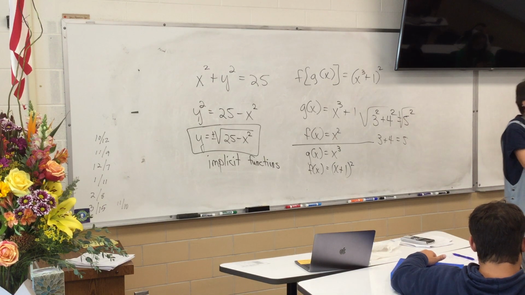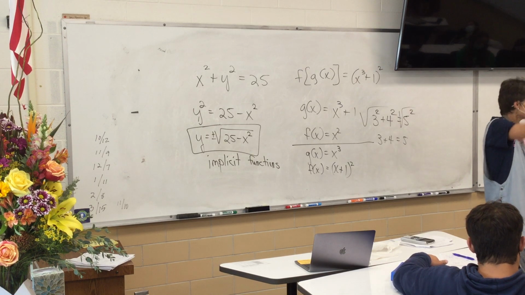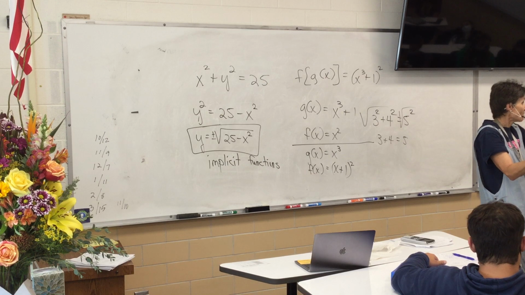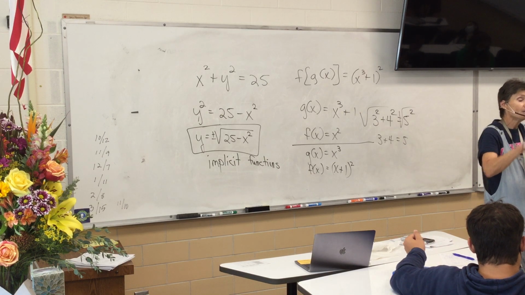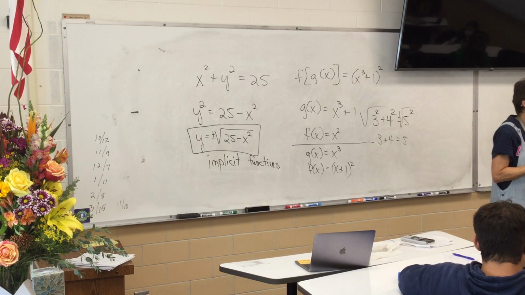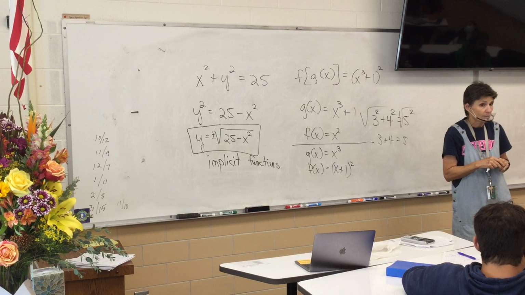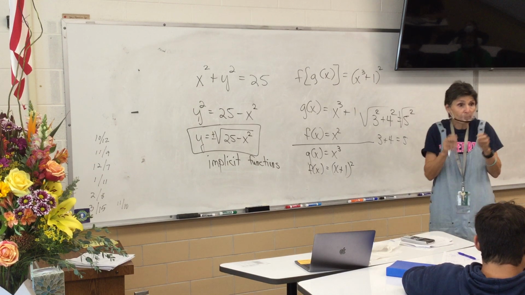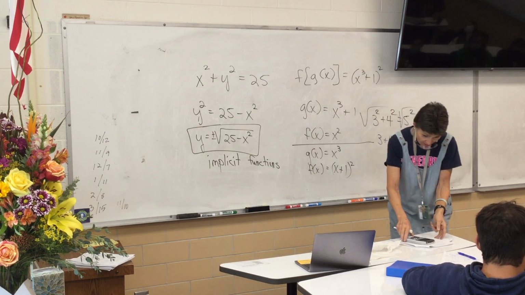So you solve the equation for y so that you get the top half, which is a function, and the bottom half, which is a function. Your calculator will graph those, and then you end up with a shape that's not a function. Those are called the implicit functions. They are the little functions implied in the big function. All right, let's try the next one.